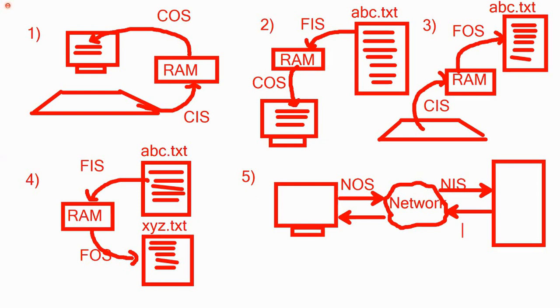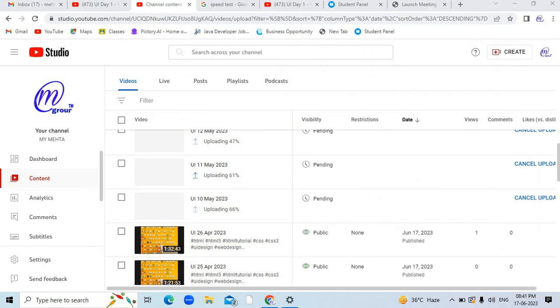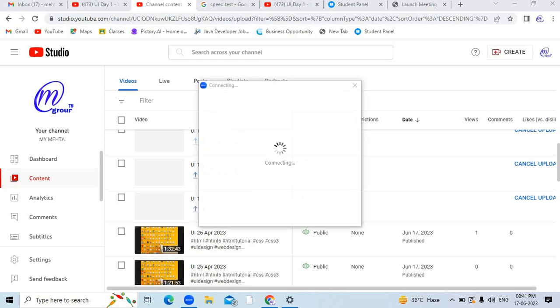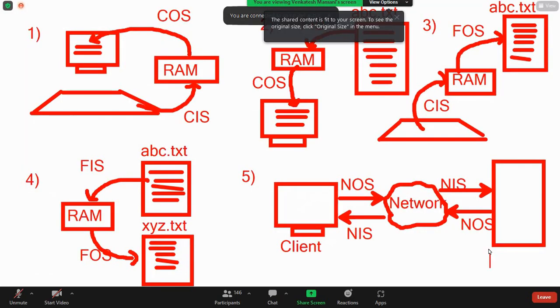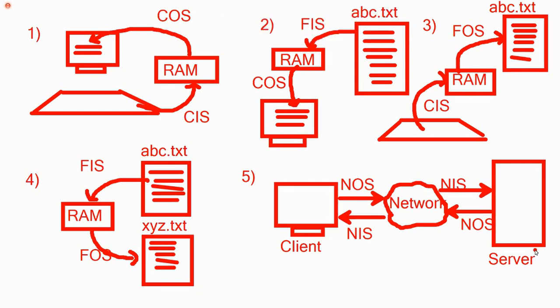Client to net. Five combinations are possible. Now, this type of application you can build in this topic. Okay.